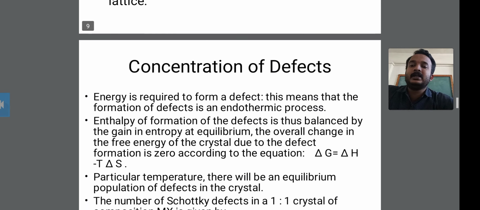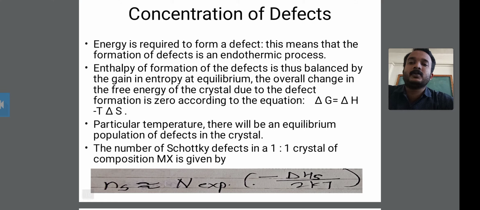The second point is about the concentration of defects. The concentration of defects depends on the energy required to form the defect.